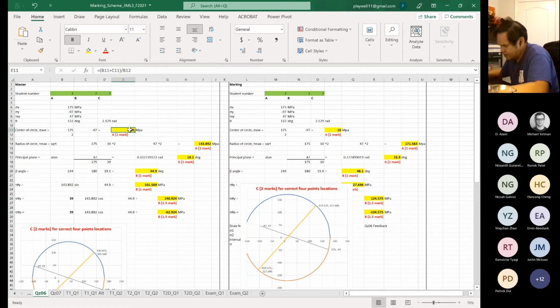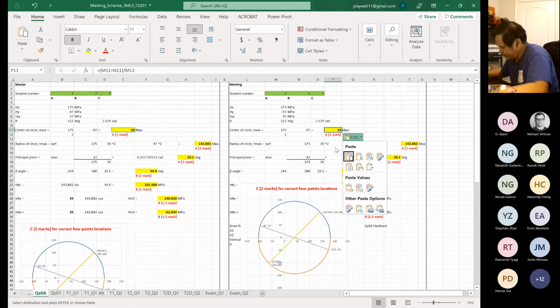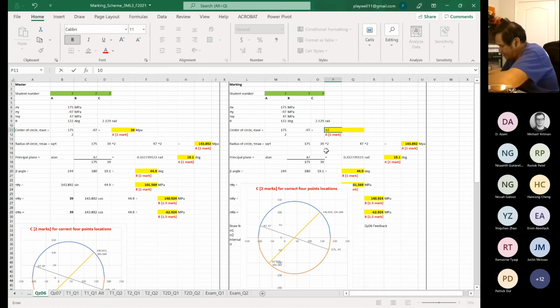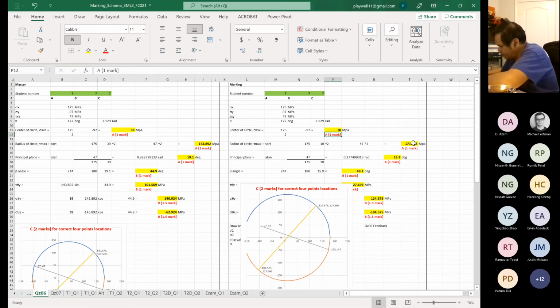Okay, so now when you miscalculate 10, the numbers down here change, right? You can see down there is 171, which is based on how you calculate, and this is 143, which is the exact answer. So we will give you full marks if you have 171.563.